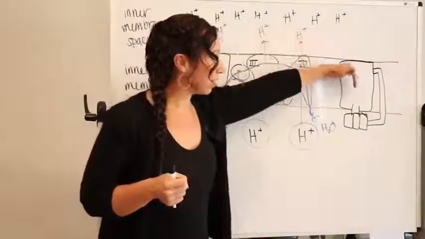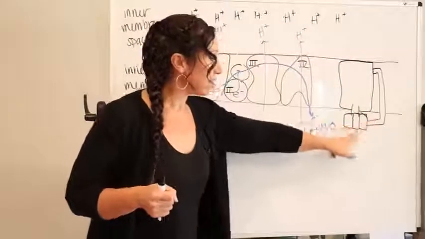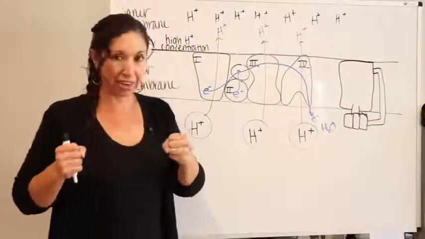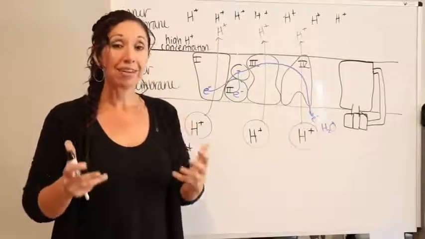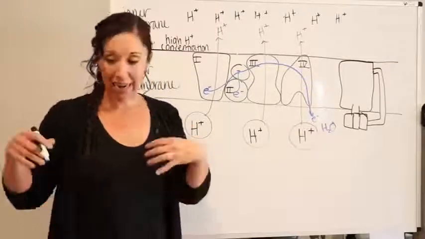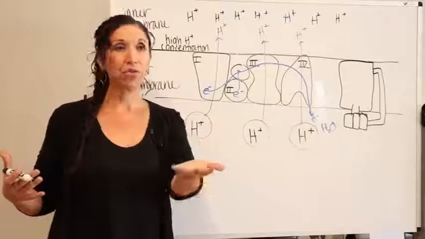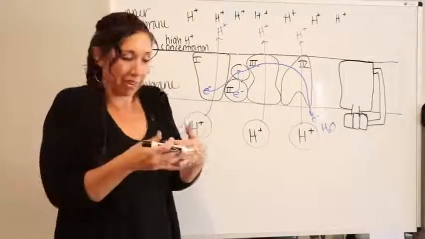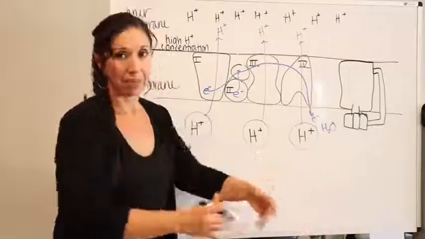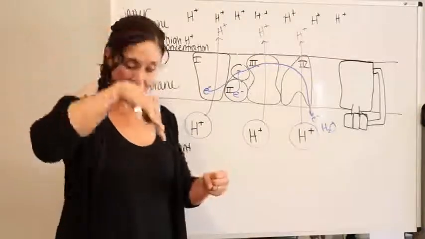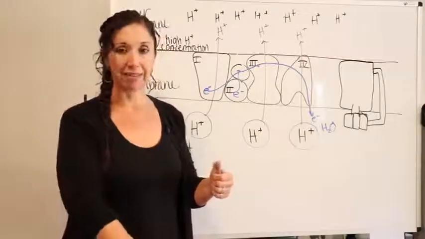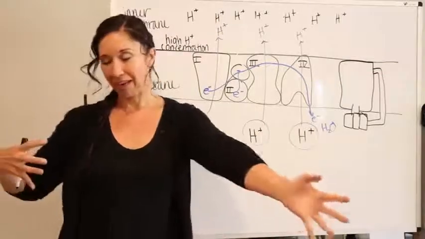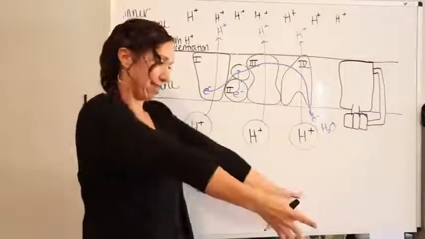As these protons are going down the proton channel, this knob region, this doorknob region, actually starts to turn like a little mill. And what it does is it grabs an ADP, which is used up cellular energy, and another phosphate, puts them together and creates ATP. So every time a proton goes down ATP synthase, it makes it do this dance, if you will, to grab an ADP and a phosphate, puts them together, creates ATP.